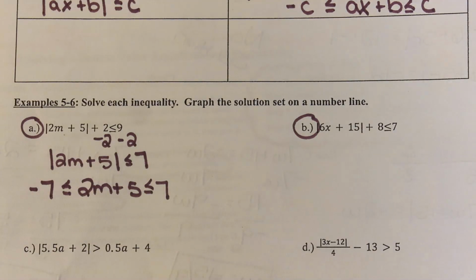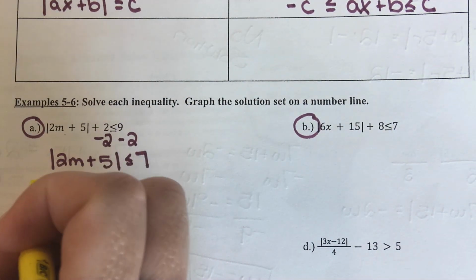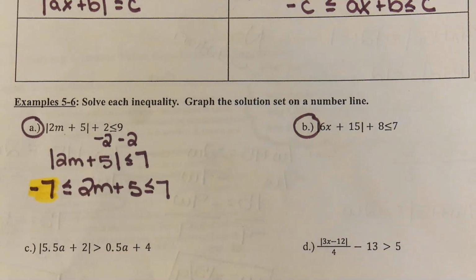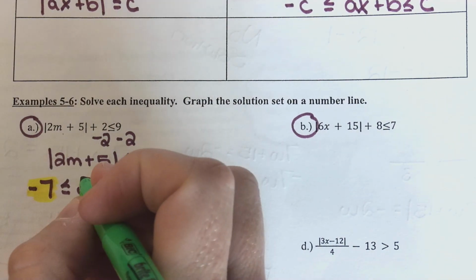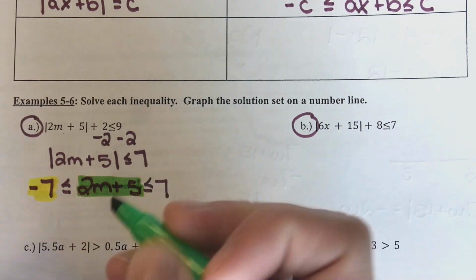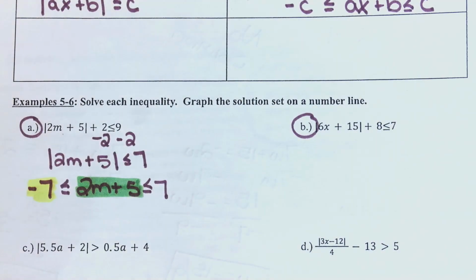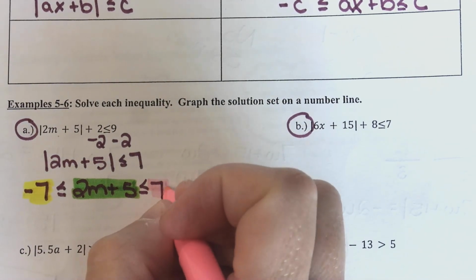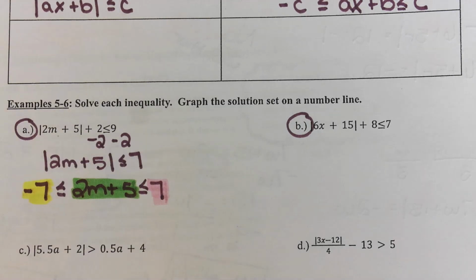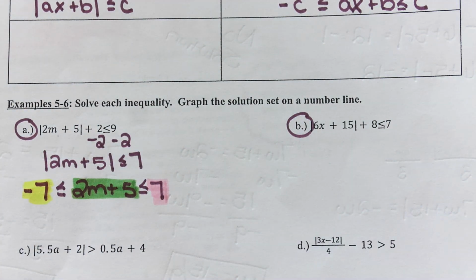So do you see how there's a part here? That's one of the parts. And then we've got this middle part. And then we have this third part over here. So do you see how there are 3 parts to that? So when we go through to do our solving process, we've got to deal with each of those parts.